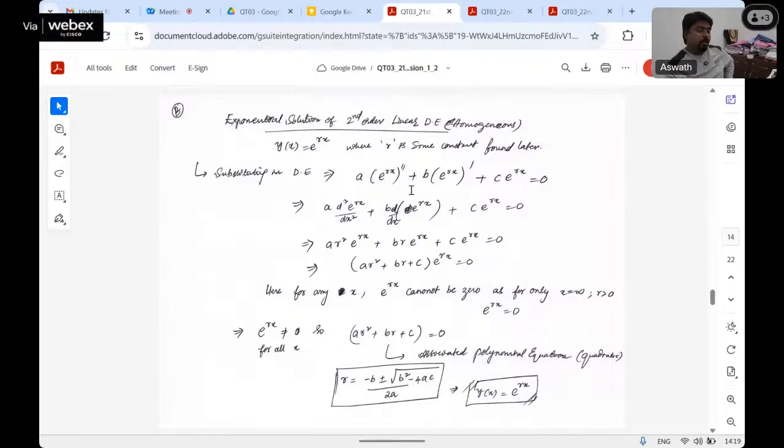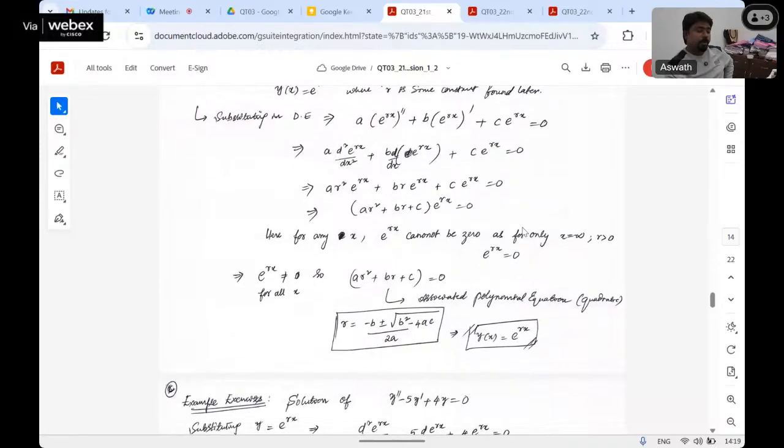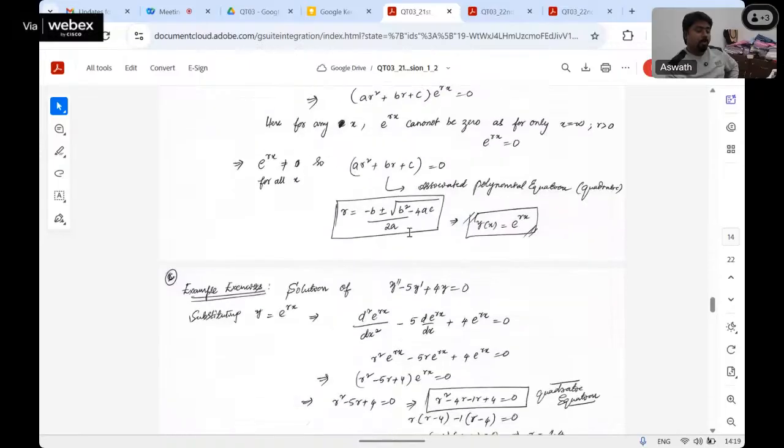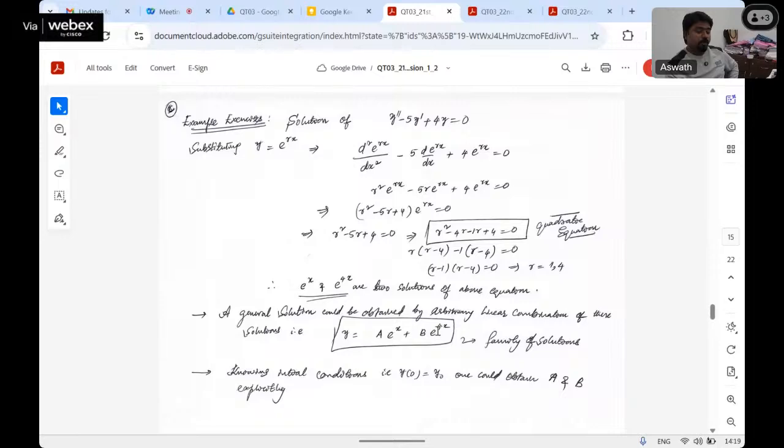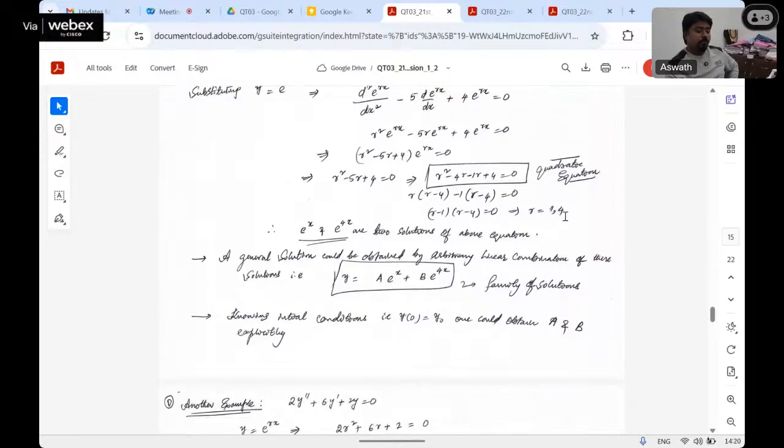Okay, right? So for homogeneous differential equations, like I was saying yesterday, we can guess exponential functions and then find the exact solution. For example, the guessed solution is exponential Rx. Then if you substitute, you will get a quadratic equation for R, and if you solve, you would get what is the exact R. One example I gave you, where R comes out to be 1 and 4.